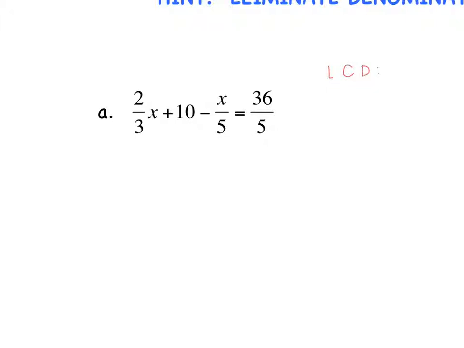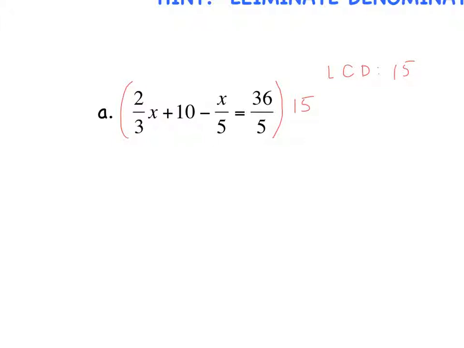Think about the first number that 3 and 5 both go into evenly, and you should recognize that it's 15. So we are going to multiply every term by 15.